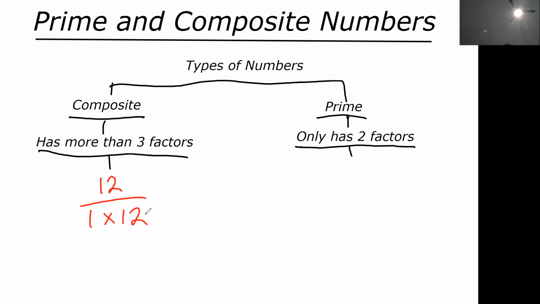Those are two factors of 12, 1 and 12. Another 2 factors of 12 would be 2 times 6, because 2 times 6 equals 12. So now we have 4 factors of 12, but there is also another factor pair, which is 3 times 4. So now we have 6 factors. We have 1, 2, 3, 4, 5, 6 factors.